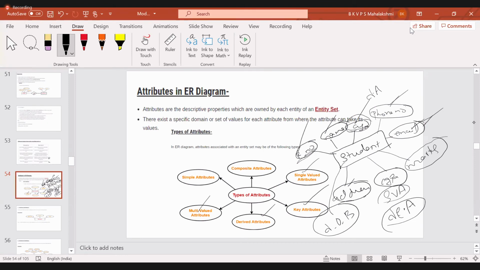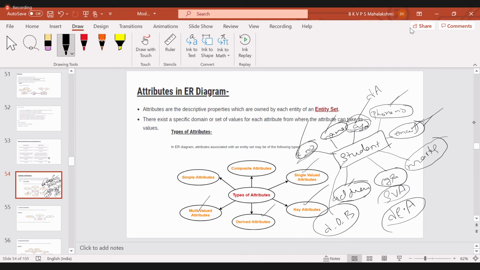This is a simple attribute. All of the common attributes are simple attributes only. Simple attribute means it is not able to be divided further.